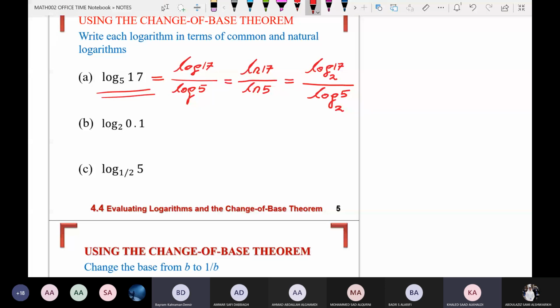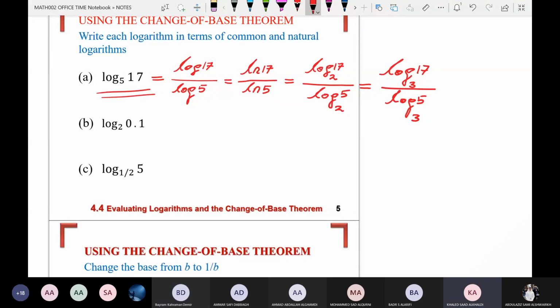Yeah, you can write base 3. They need to be the same base, of course, up and down, in the numerator and denominator. Okay. You see? They are all equal.